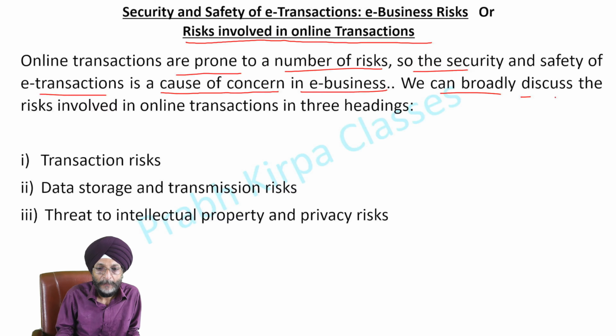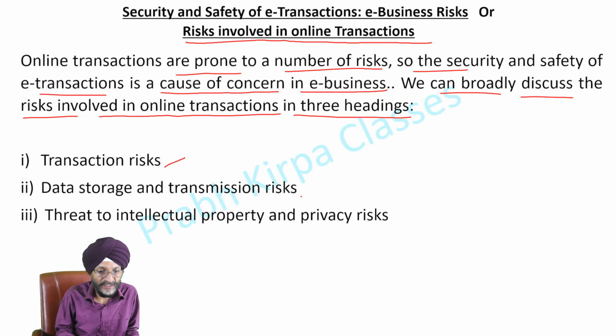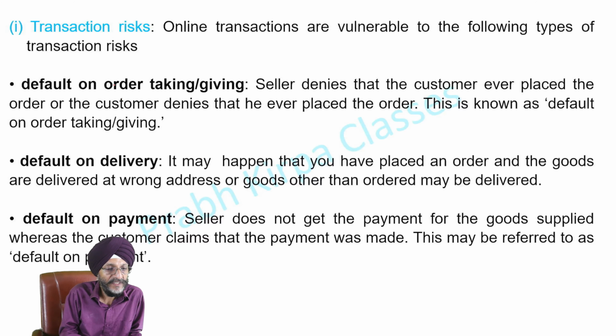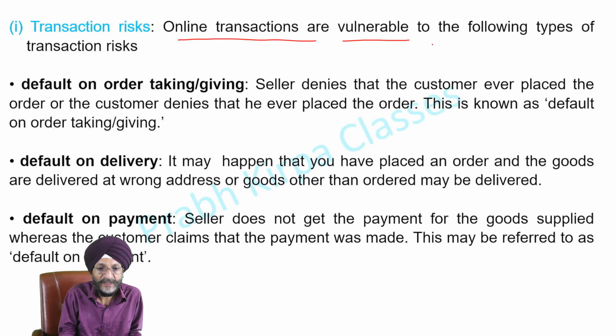We can broadly discuss the risks involved in online transactions under three headings. First is transaction risks, second is data storage and transmission risks, and third is threat to intellectual property and privacy risks. First is transaction risks. Online transactions are vulnerable to the following types of transaction risks.